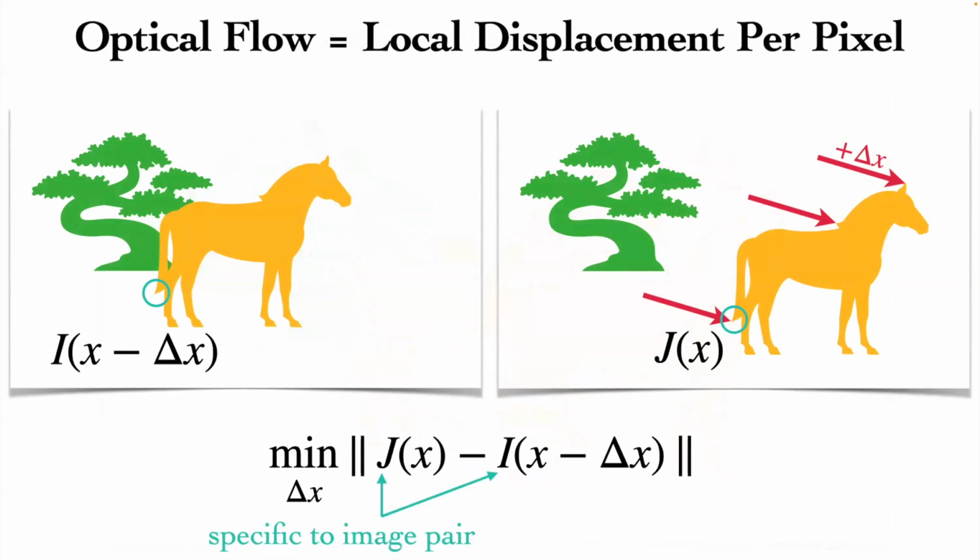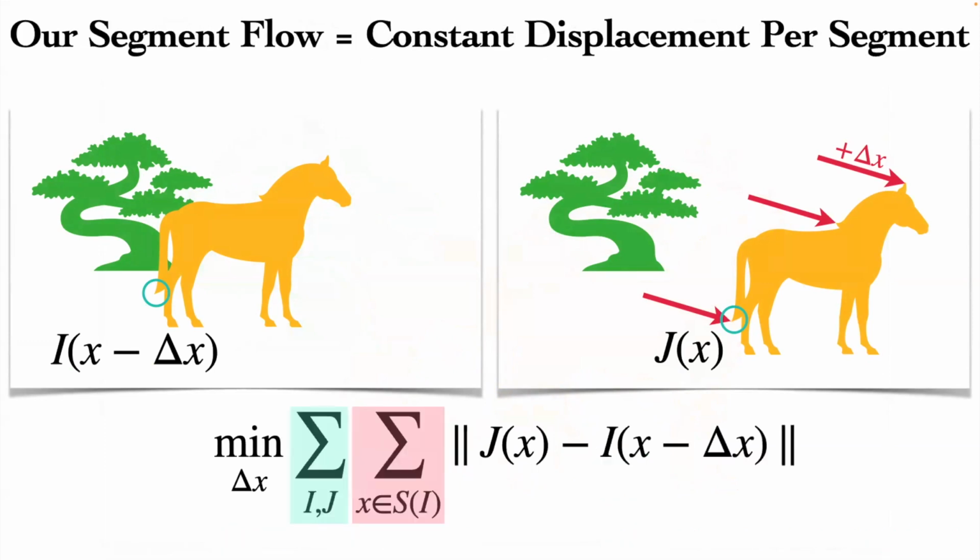And this is done specific to an image pair, independent between pixels. That's the basic version. Our concept of segment flow is not much different, except that we assume each segment moves at a constant displacement. All the pixels in the segment move together.